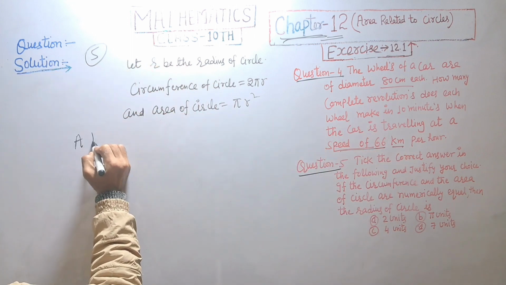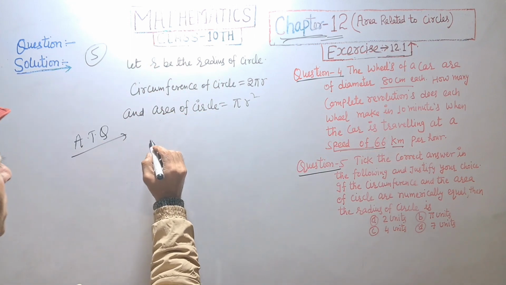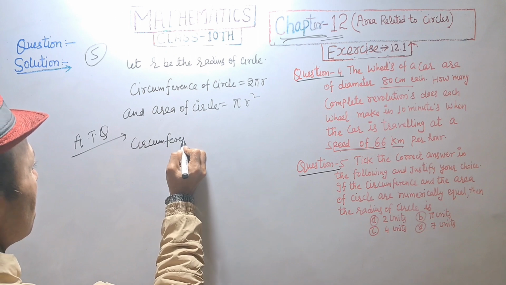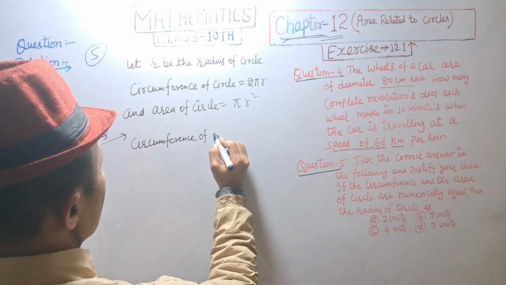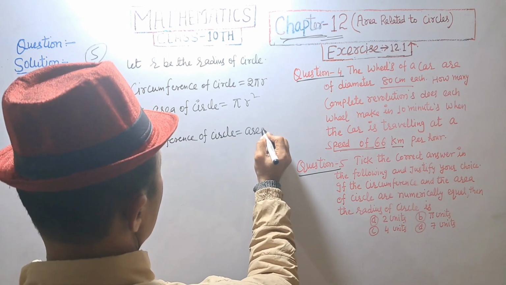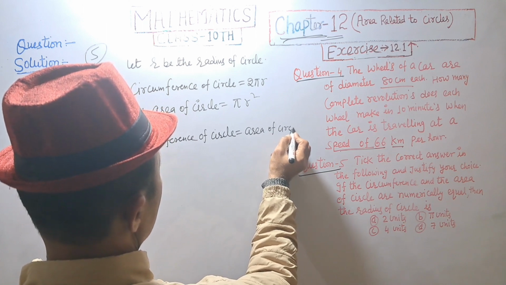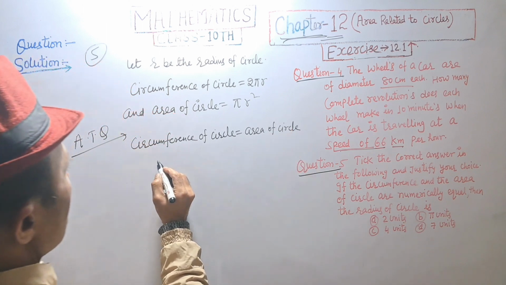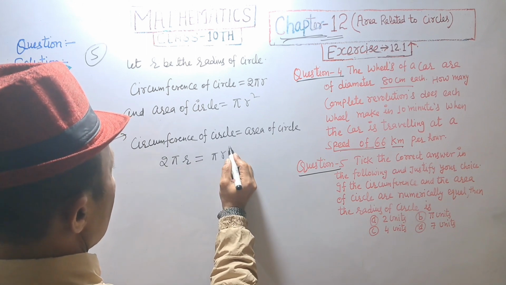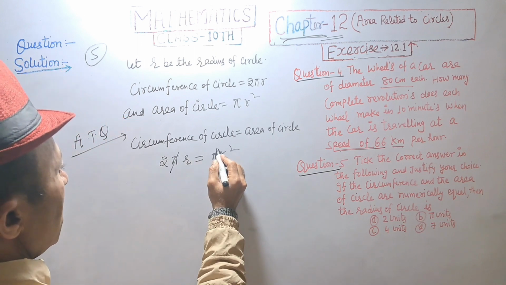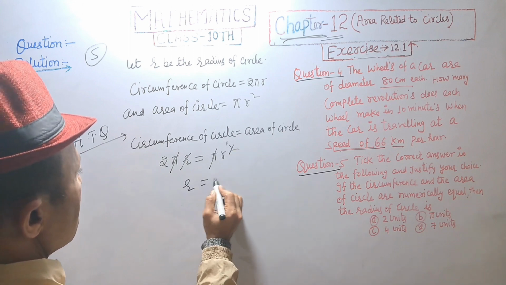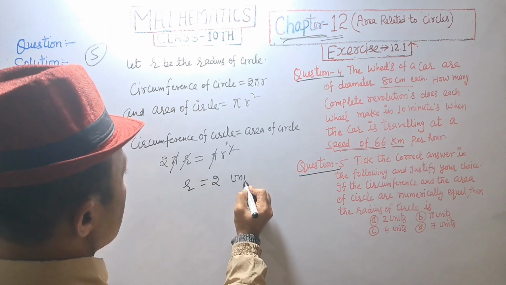According to question, circumference of circle is equal to area of circle. 2 pi r is equal to pi r square. Pi is cancelled and one r is cancelled. R is equal to 2 units.